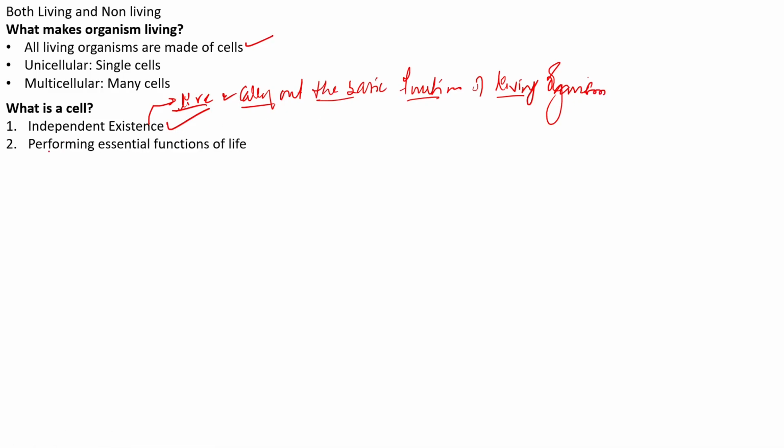Now we have one more point: performing essential functions of life. So what are the essential functions of life? There are various functions of life, but I will list out a few here. The first is metabolism. What do we mean by metabolism?